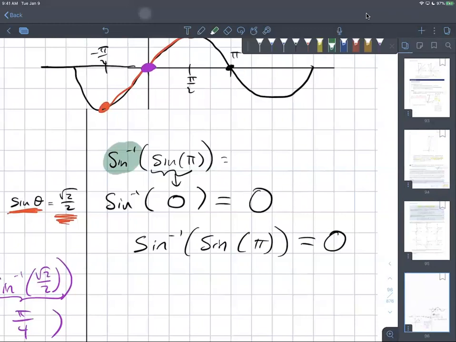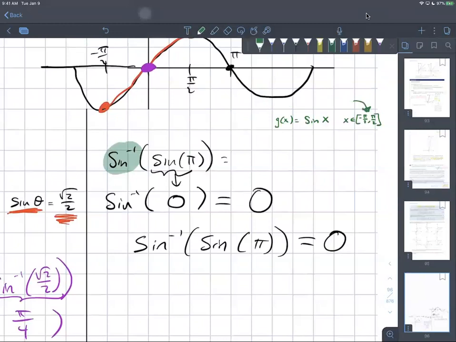The restricted sine function, which I believe we called g of x equal to the restricted sine of x, was for x values in the interval from negative pi over 2 to pi over 2. So wait a minute. This would essentially only work if x was in this interval. But notice that the value plugged in this case was pi, and pi is greater than pi over 2. So it's outside of this interval.